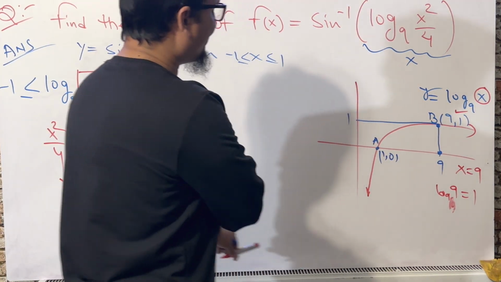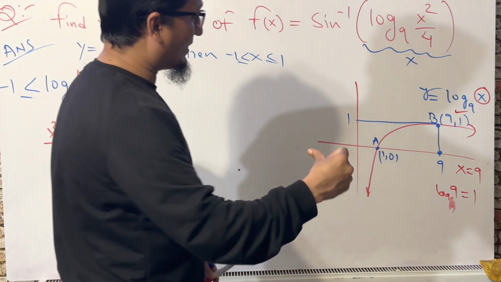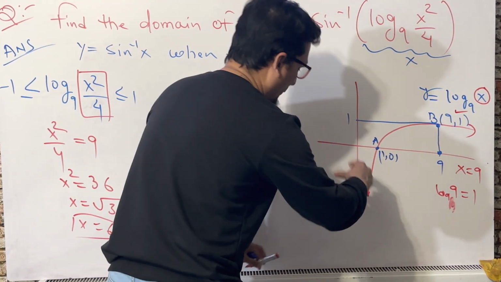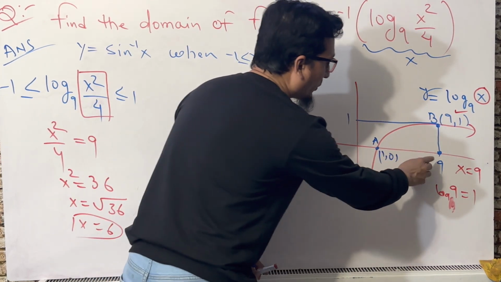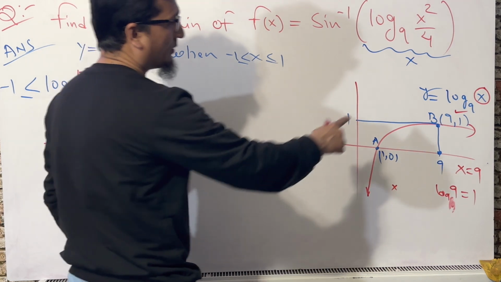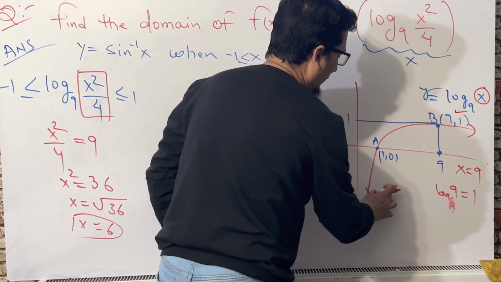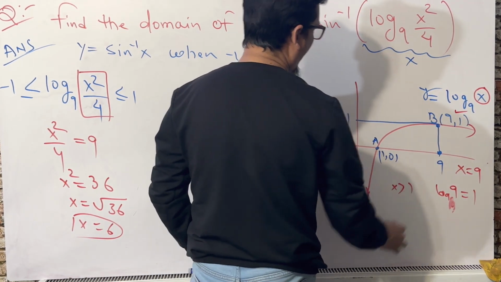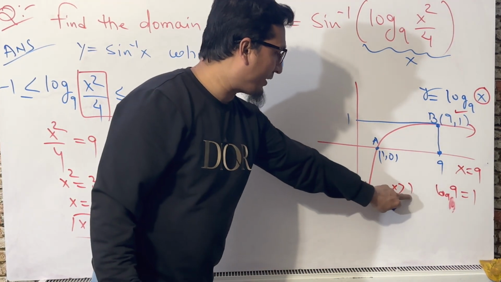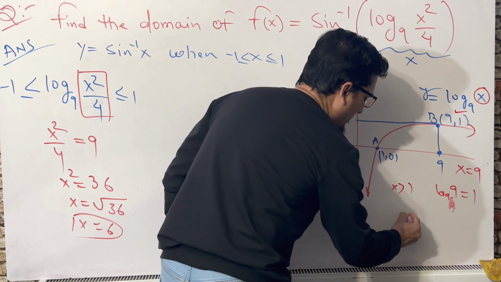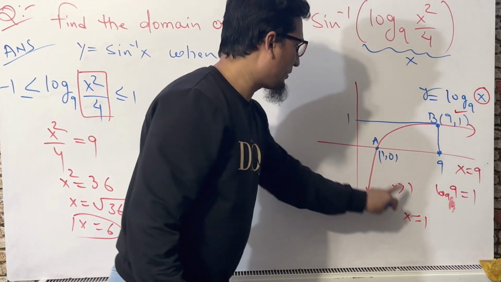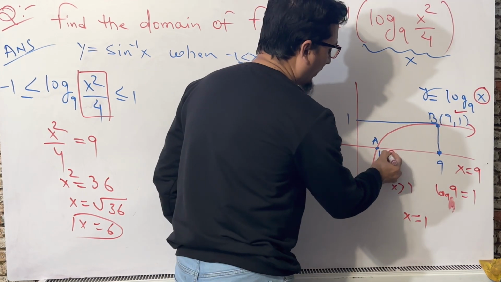Now please, I'm going to try my best to explain, so please concentrate here. From log base 9 of x, when the value of x is greater than 1, or when x is equal to 1, for example, what is the function value?